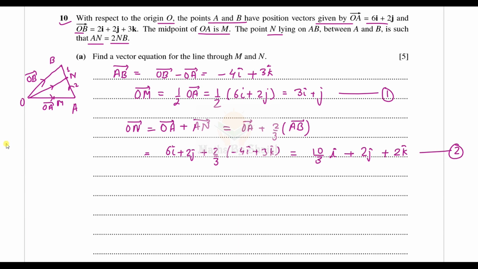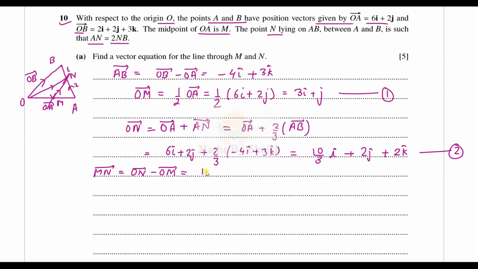Now we need to find a vector equation of the line through M and N. In the direction of this line, the direction vector we can take as MN. So we'll take MN vector first, and we know that MN vector is going to be ON vector minus OM vector. This is just a formula.